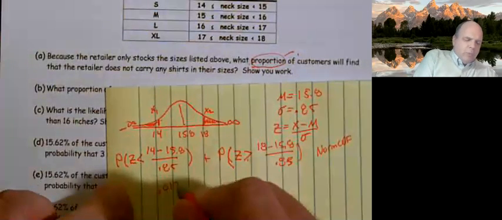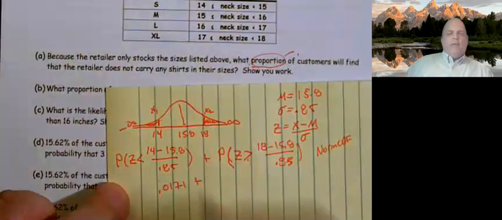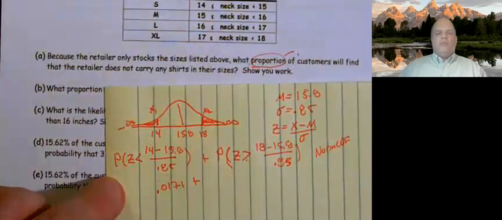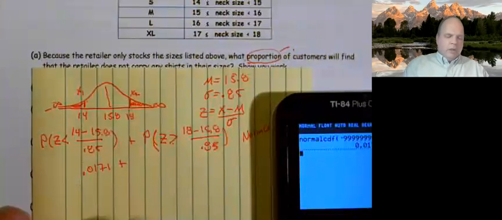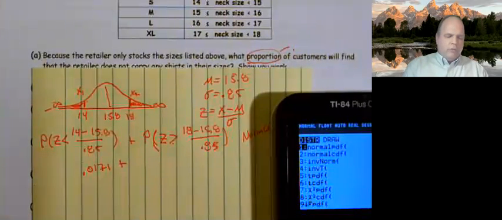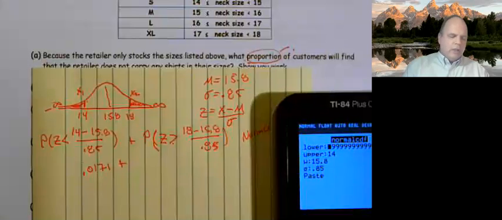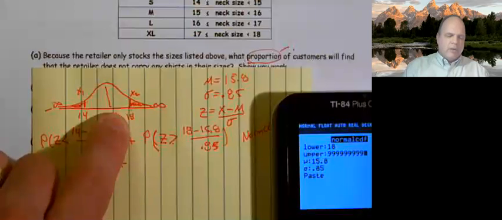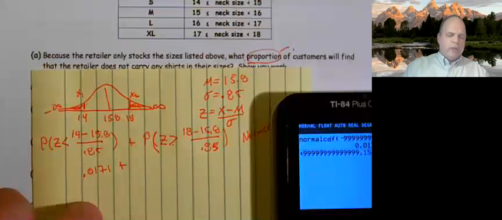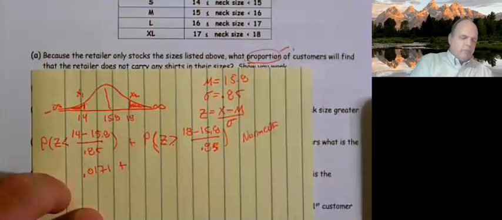So less than 2% have a neck size less than 14 inches in this demonstration. All right. So then over here, second vars, doing a norm CDF. Now, looking at my shading, my lower bound is 18, and my upper bound is infinity. My mean and standard deviation are still the same, and I got 0.0048.